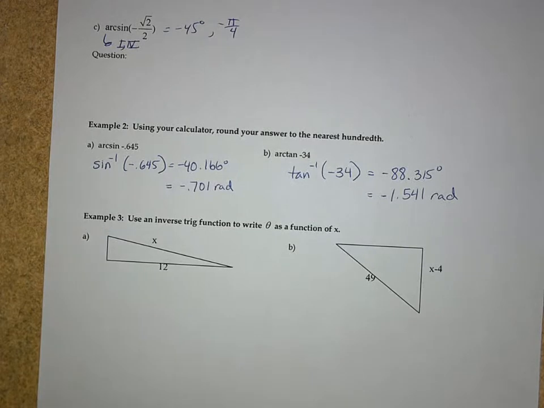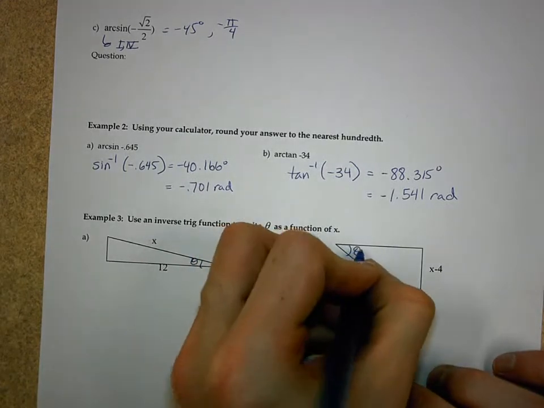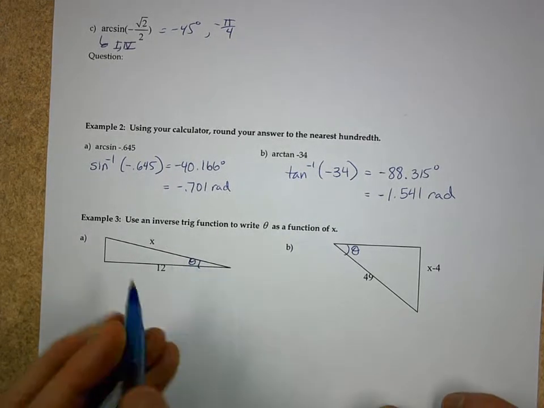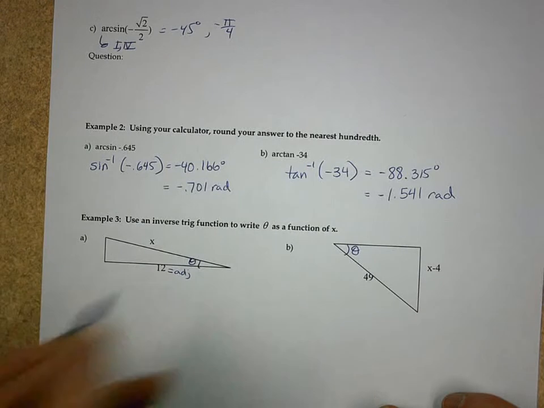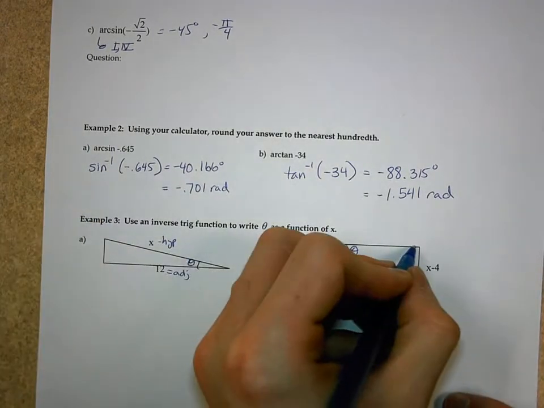The last thing is using inverse trig to write theta as a function of x. And theta is going to be right here and right there in those two problems. So looking at the first problem, I want to write this using either sine, cosine, or tangent based off of what I've got. And since I'm using this theta, this 12 here is the adjacent, and this x is the hypotenuse.